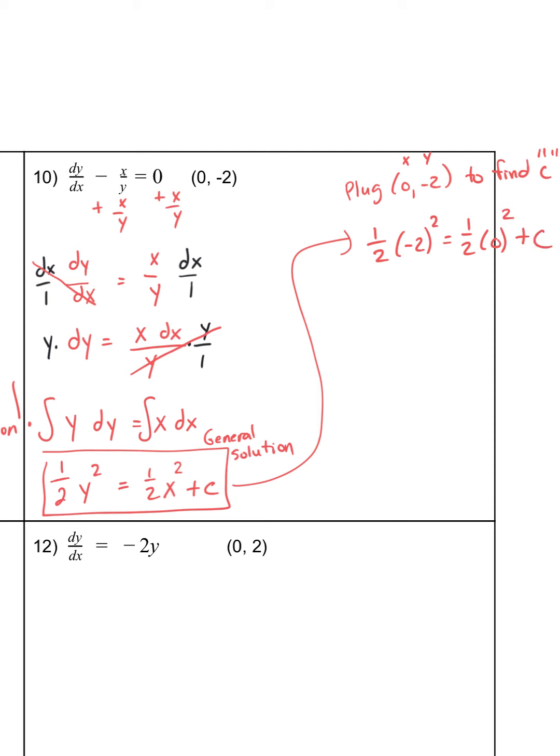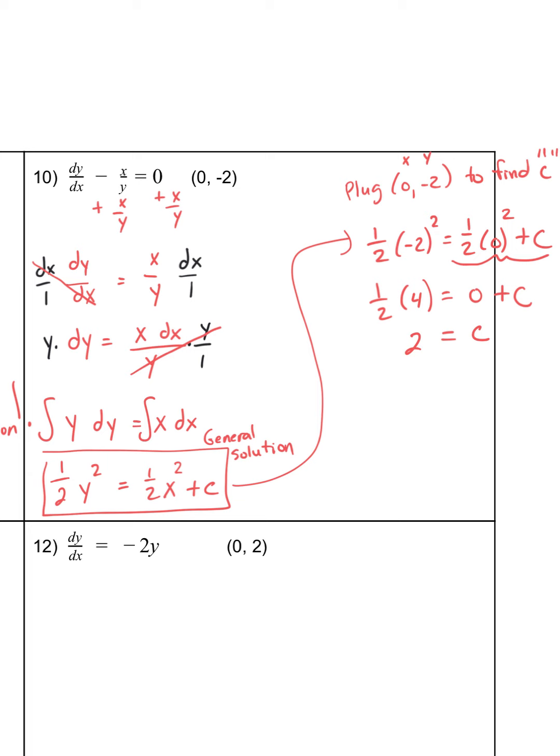Alright, the 1/2 comes down. When I square -2, I get 4. This is just 0 plus c. Alright, half of 4 on the left is 2, and 0 plus c is c.